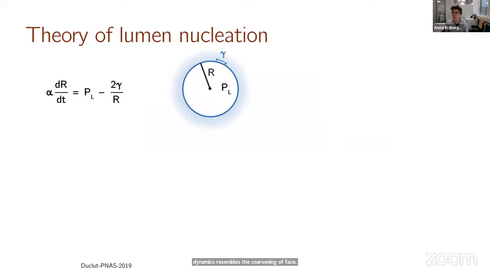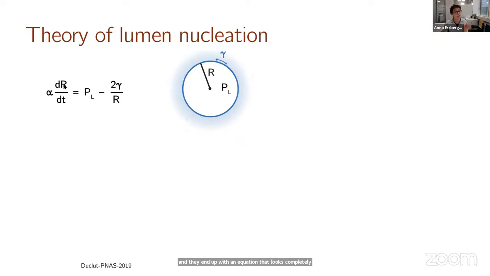And similarly, we can study the initial formation of fluid-filled cavities in analogy with the nucleation of a liquid phase. And in this study here, the authors have actually started from considering various cellular processes that contribute to lumen formation, including osmotic pumping and the cytoskeletal active tensions at the surface of the cells that are adjacent to the fluid. And they end up with an equation that looks completely like classical nucleation theory.